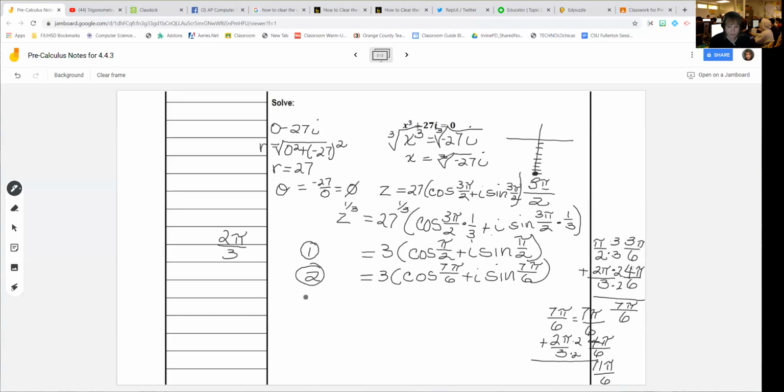So my third root is 3 times cosine 11 pi over 6 plus i sine 11 pi over 6. And those are my 3 solutions to x cubed plus 27i equals 0.